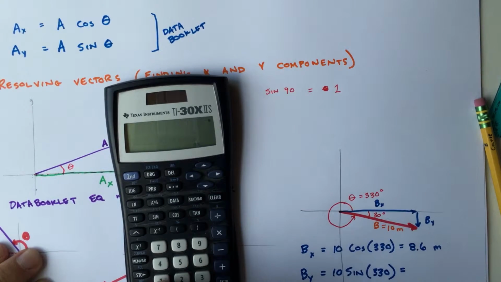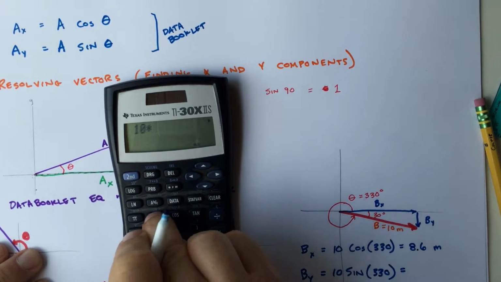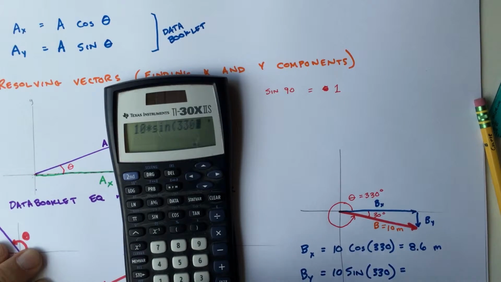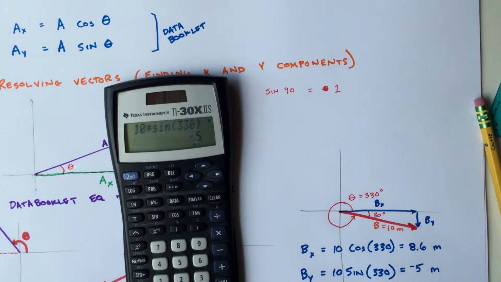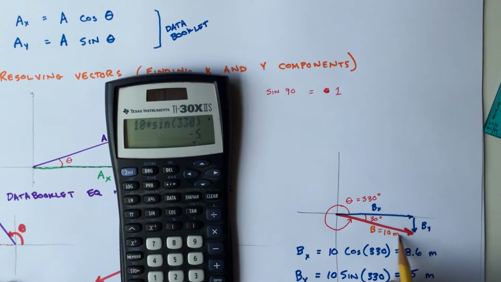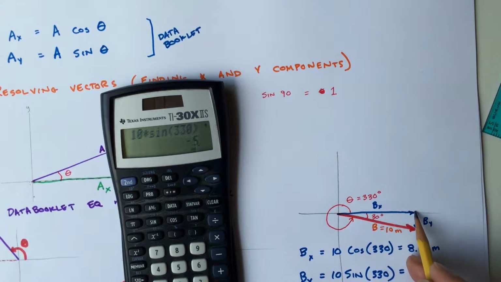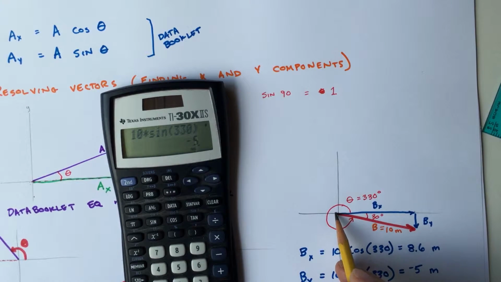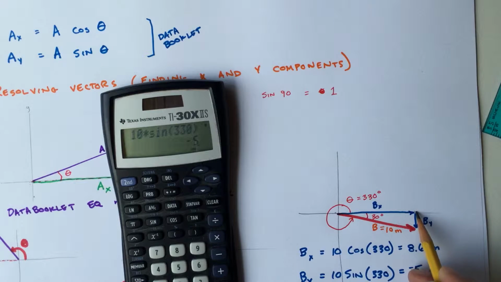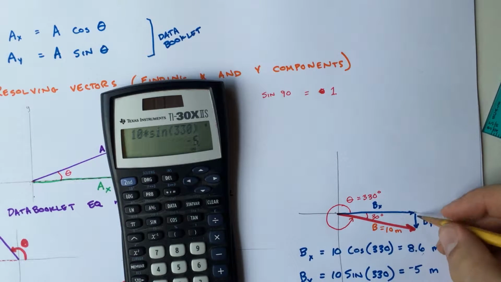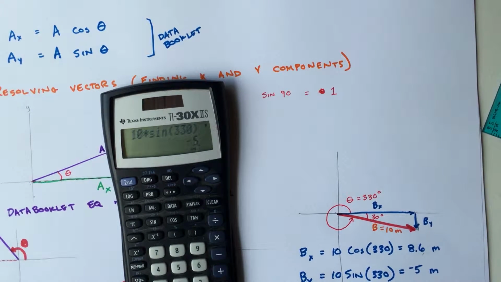All right, 10 times the sine of this 330 degrees. And that gives me -5. Well, that kind of makes sense, that this vector is going over to the right and down, so that bx is going to be a positive 8.6, and by is going to equal a -5. All right.